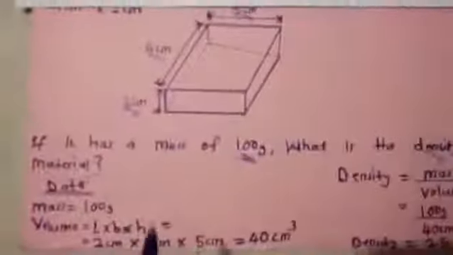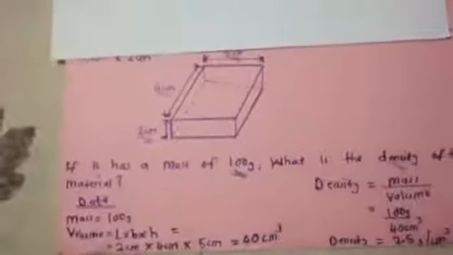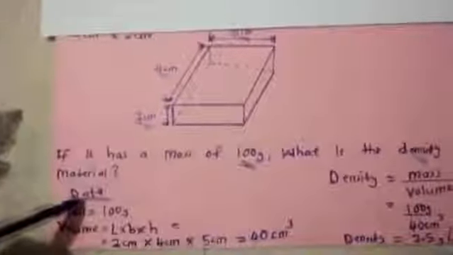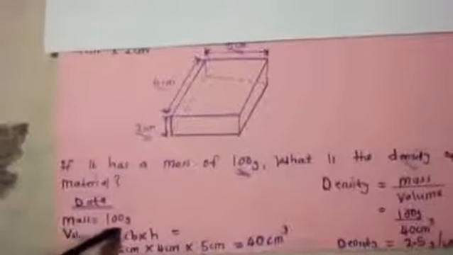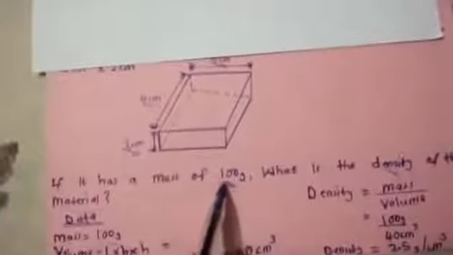Right, so as usual, we plug in the parameters. First of all, we find the data. Mass we've been given, as you can see, is 100 grams. Then volume. The object has dimensions 5 cm times 4 cm times 2 cm.